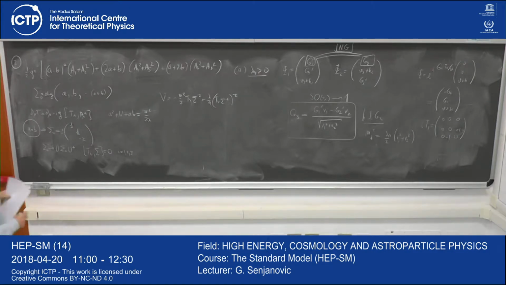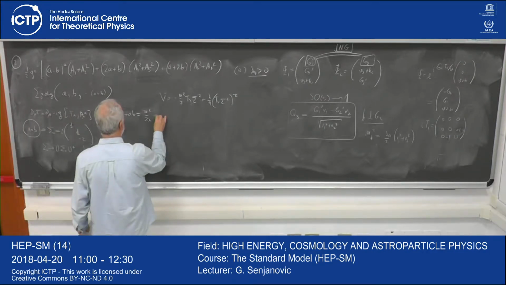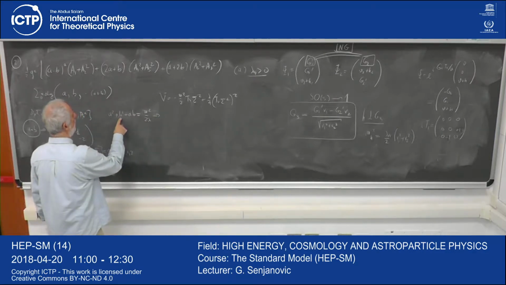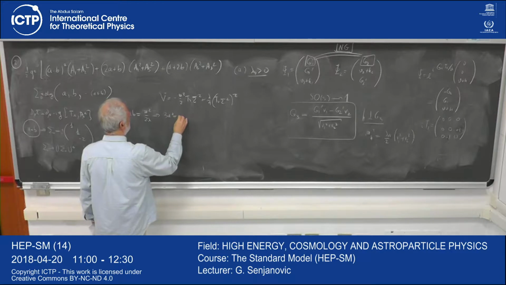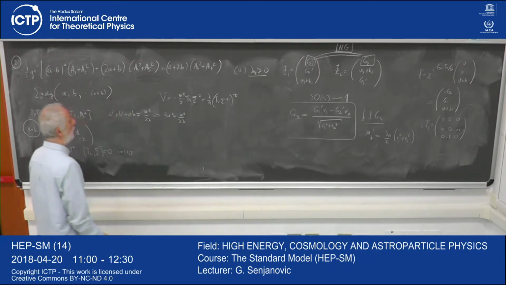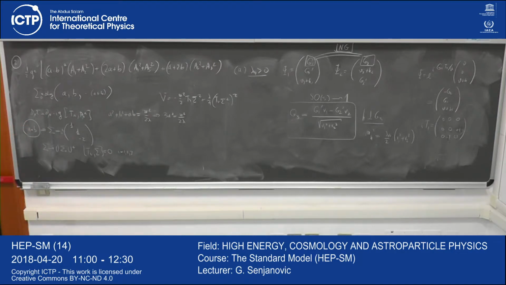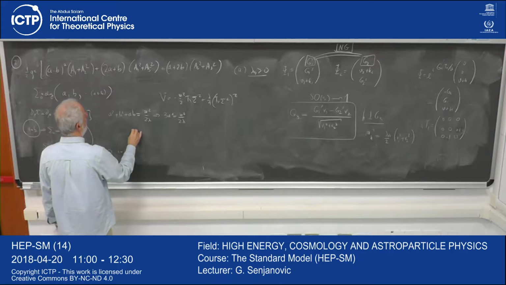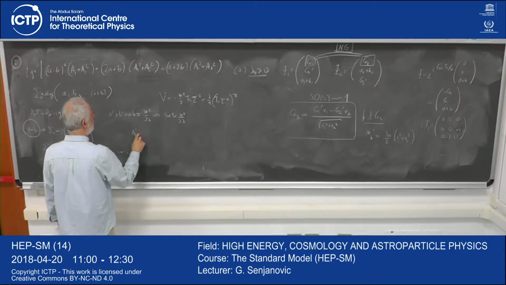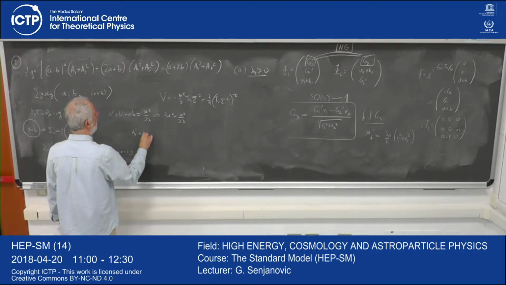So what do I get when A is equal to B? A squared plus A squared plus A squared, 3A squared is M squared over 2 lambda. Now what are the masses of these guys then? A4 squared plus A5 squared.